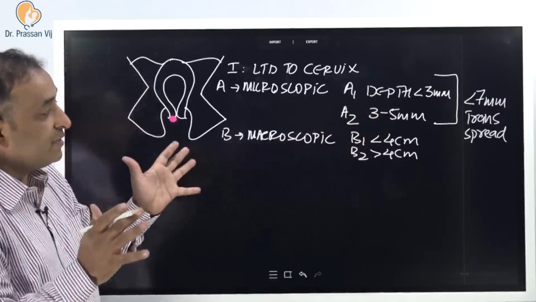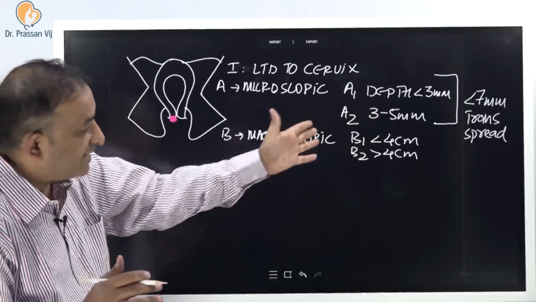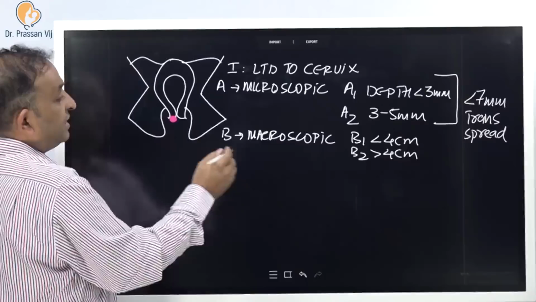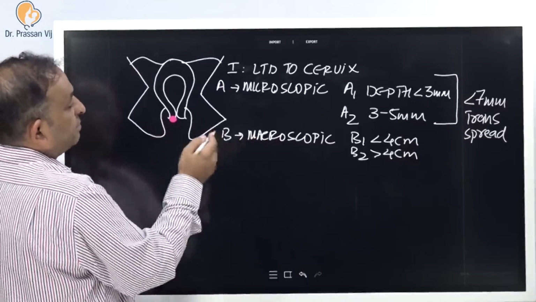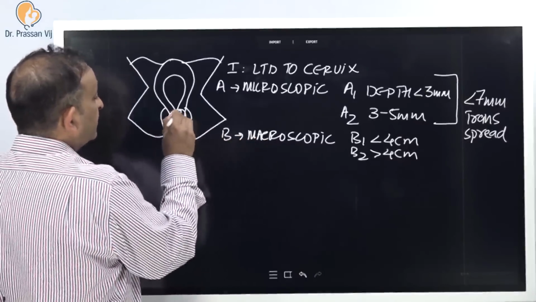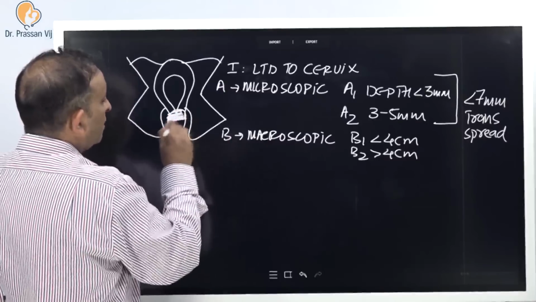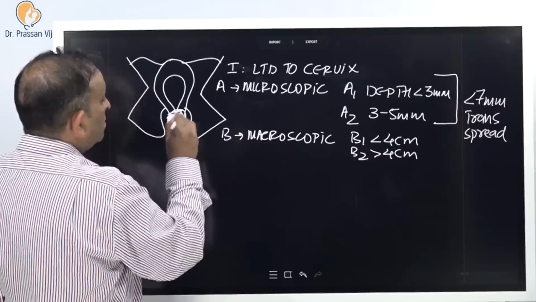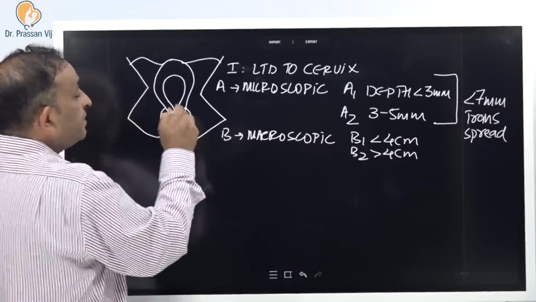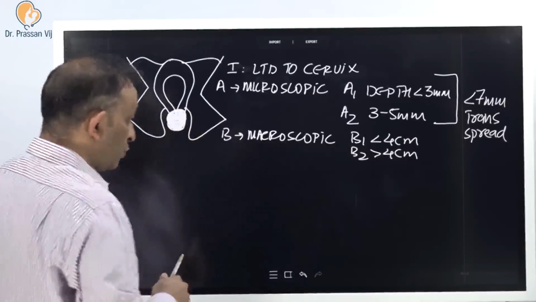If it is more than 7 millimeters and more than 5 millimeters in depth, it is obviously seen. So if it is bigger than that but less than 4 centimeters, it is 1B1. Now the cancer is bigger than even 4 centimeters. See, it's a 5 centimeter big cancer, but it's still limited to the cervix. So that's why it is 1B2.